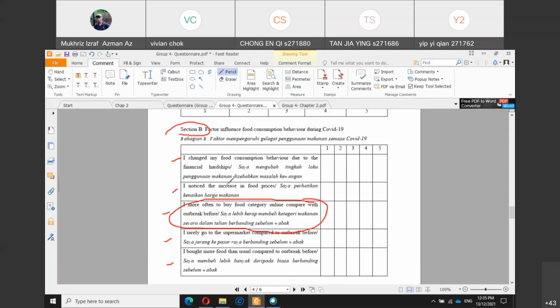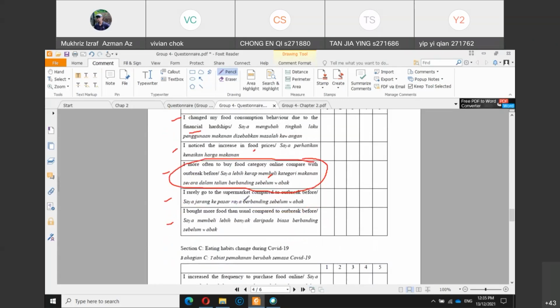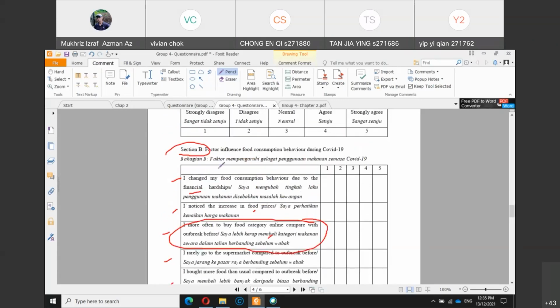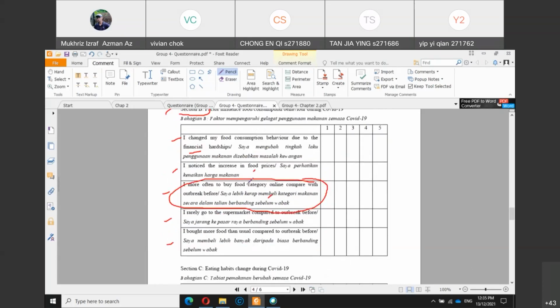Because suddenly here I notice an increase in food prices. These questions look mixed up, like mixed questions. Some questions are about online purchase, this one is about the increase in food price, and here is about your financial hardship. This is about income, this is about price, this is about the frequency you go to the supermarket. So it doesn't belong to the same group. You are mixing questions under one category, so there is no coherence in the questions.